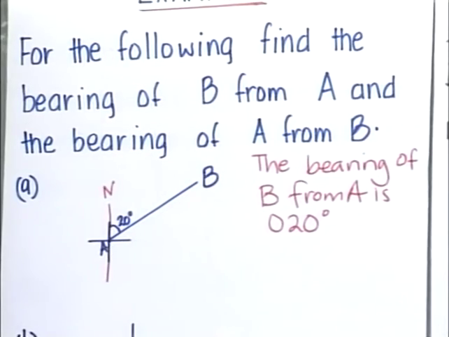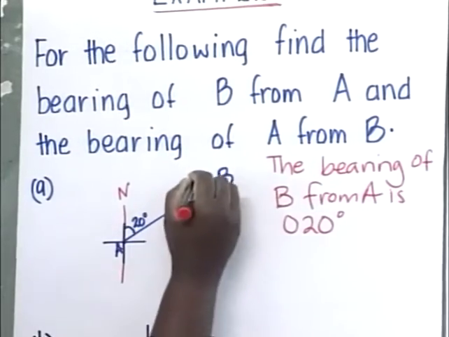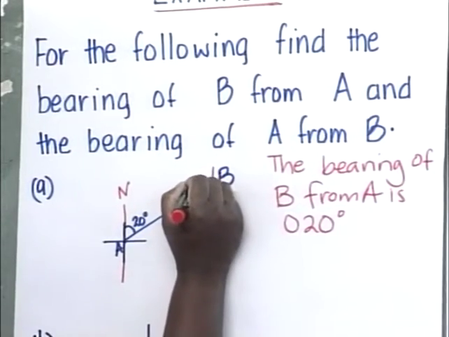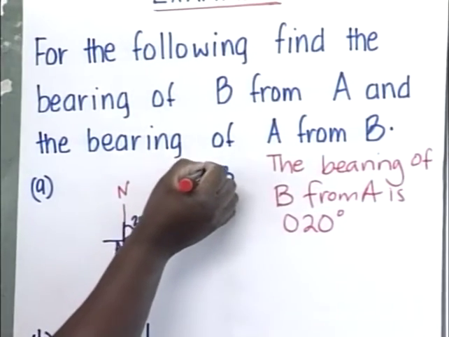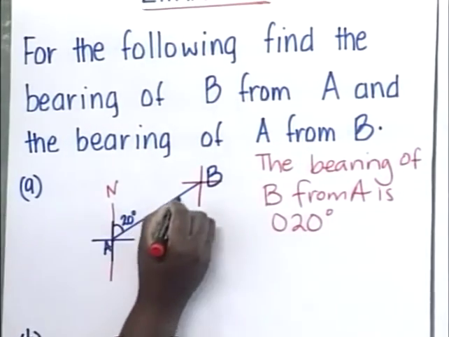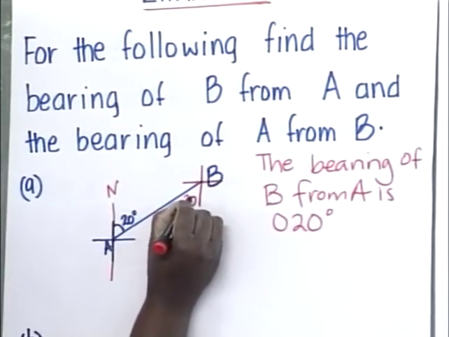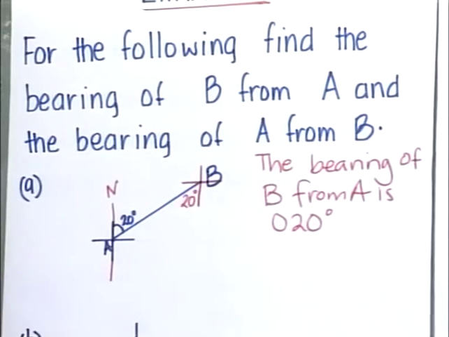Now, if we wanted to find the bearing of A from B, what I usually do to make it easy for me, I draw north, east, west, and south lines here. Because I know that I have to start from north. That line indicates north. If this is 20 degrees, this angle is also 20 degrees because it's alternate to this one. Now, what is the bearing of A from B?